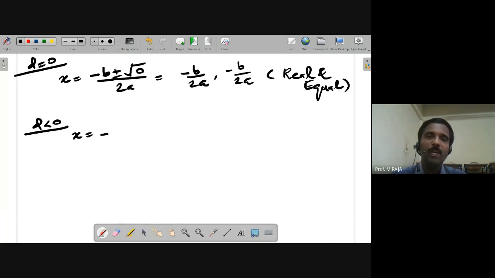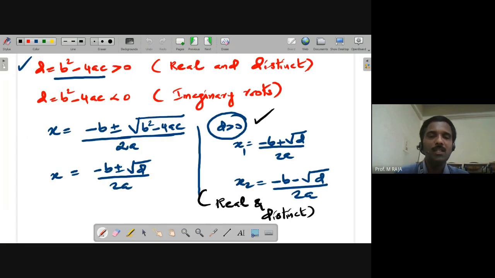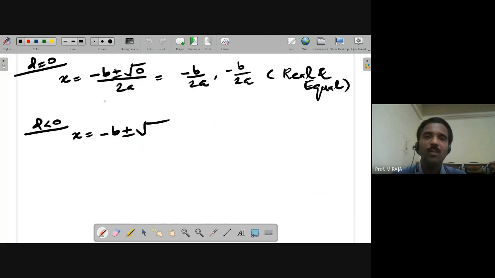x is equal to minus b plus or minus square root of d, and since d is less than 0, this is a negative quantity divided by 2a.